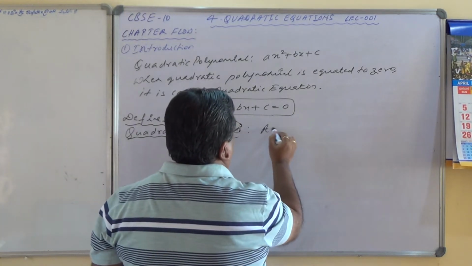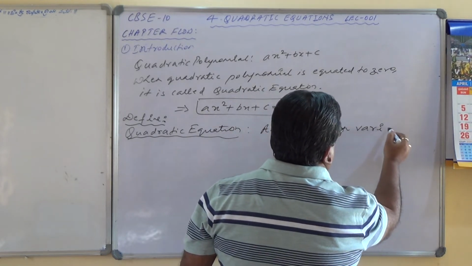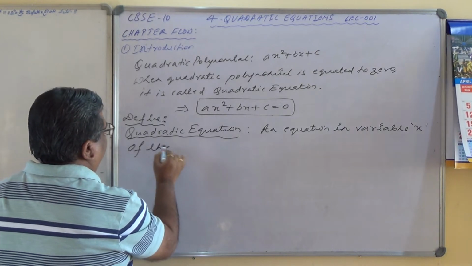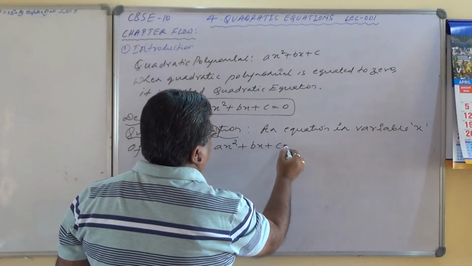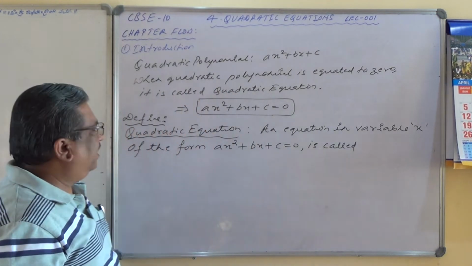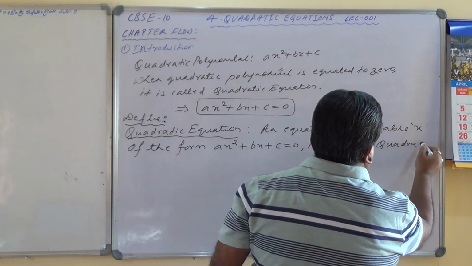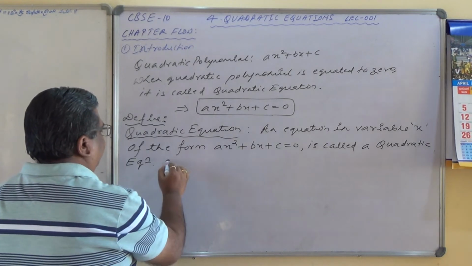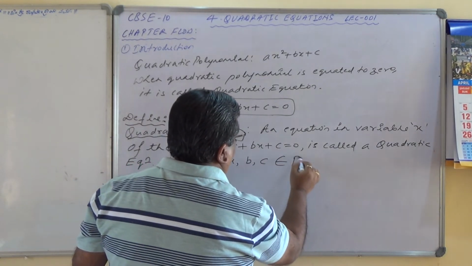An equation in variable x of the form ax square plus bx plus c equals 0 is called a quadratic equation, where a, b and c belong to real numbers.